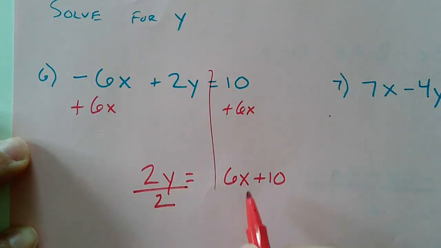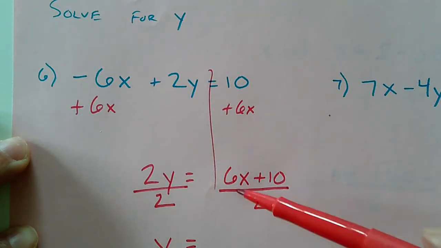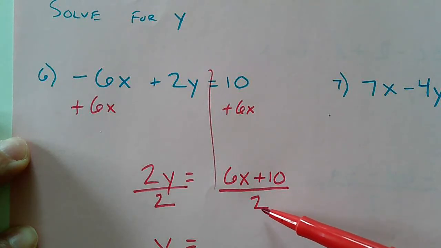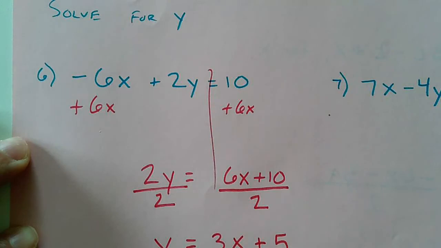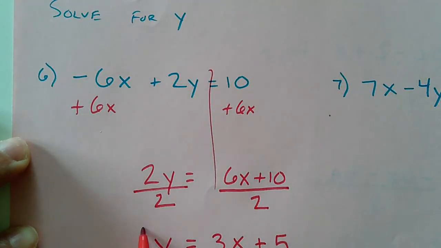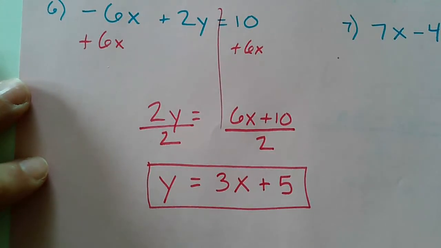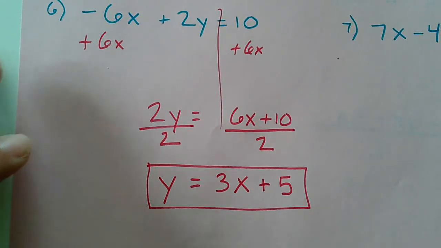Divide by 2. Remember to divide the whole side by 2. So I have y equals, I'm going to do 6 divided by 2, which is 3x. And then I'm going to do 10 divided by 2, which is 5. This time we get nice numbers, so we can write it out as y equals 3x plus 5.